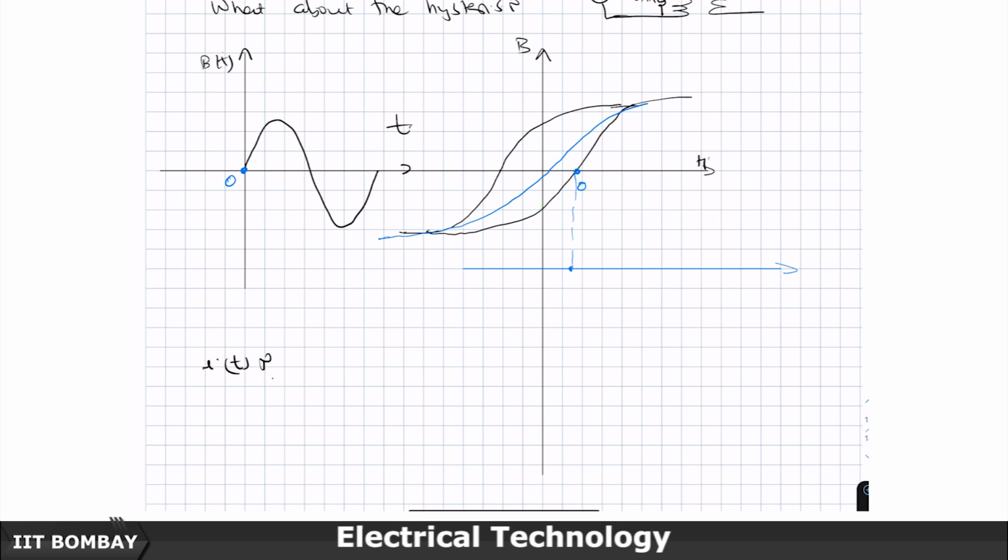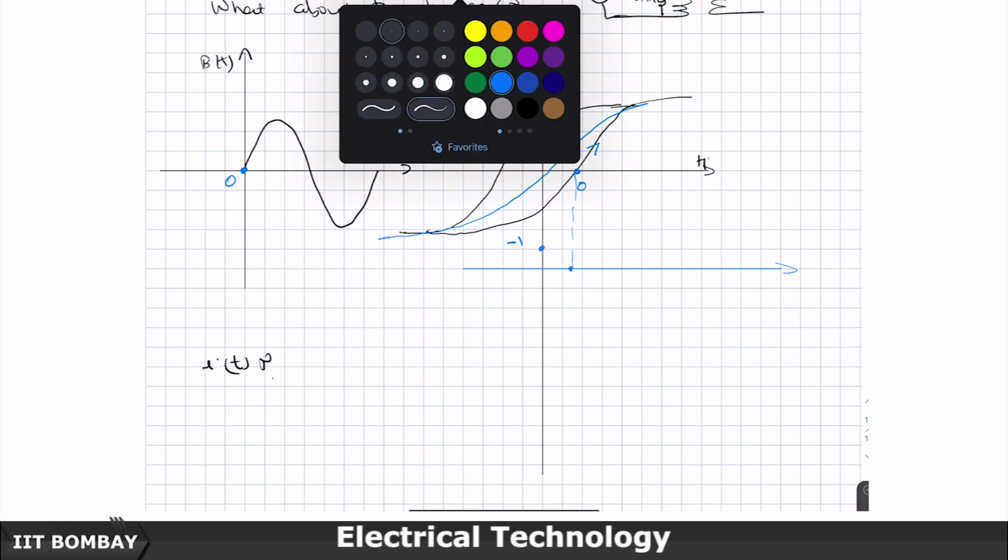So, prior to that there has been a point somewhere here, we call it -1 if you want, where the current was 0. Now, let me say that we are moving in this particular direction.